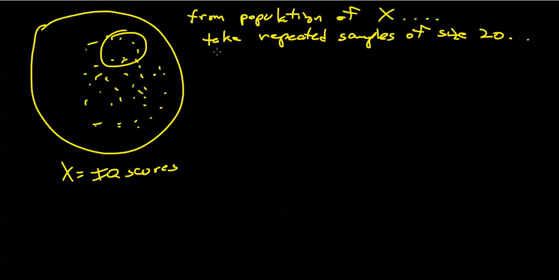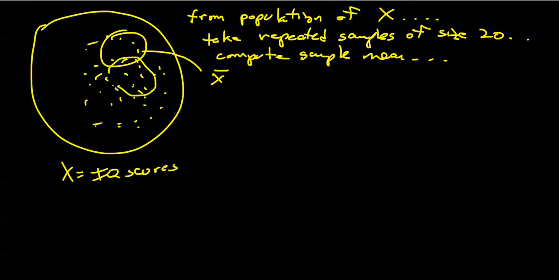What I'm going to do is compute the mean, or I'll call it the sample mean, and throw them back. So I'm going to take this sample, compute the sample mean, and I'll have a sample mean. I'm going to call it X bar. I'll throw that sample back and I'll take another sample.